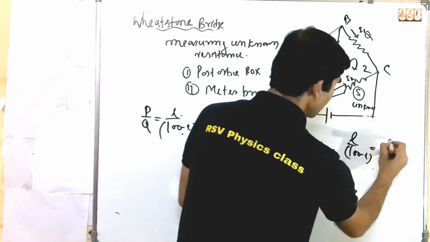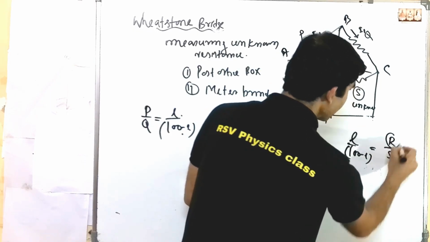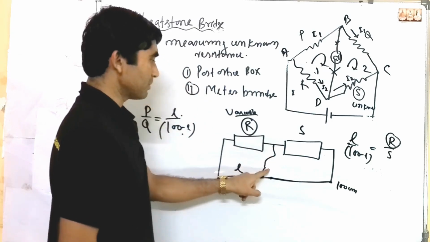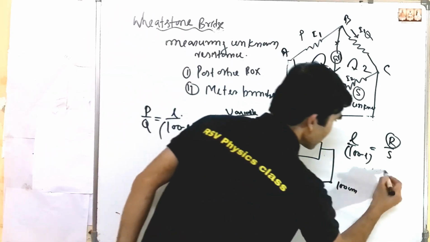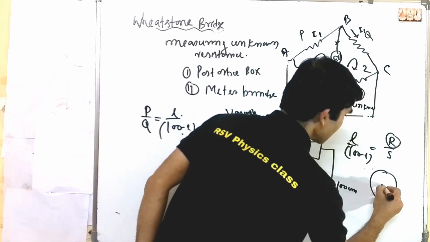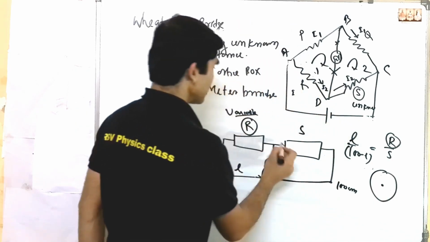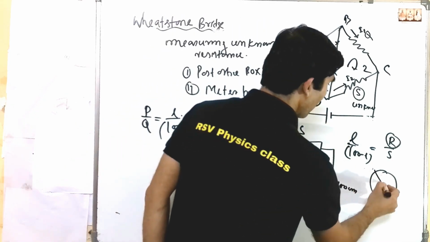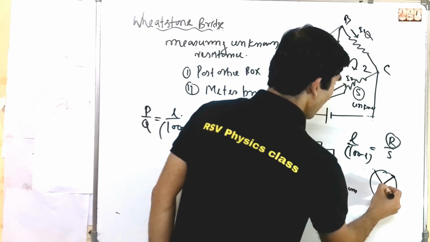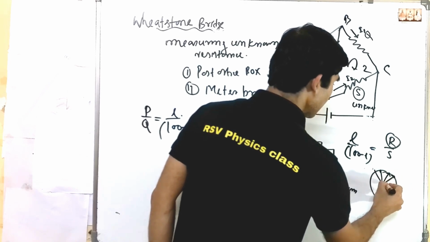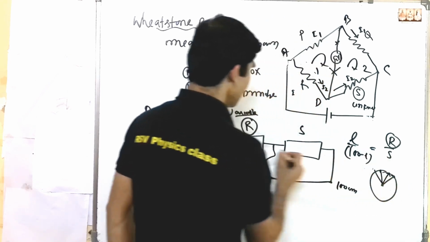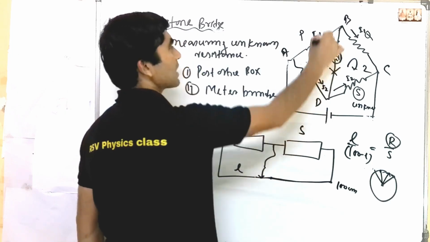This is the P by Q and R you are varying. During variation you can see the galvanometer: if you choose less resistance it comes this side, and with a nearer resistance it comes this side. Then at one time you can find when there is no deflection in the galvanometer.